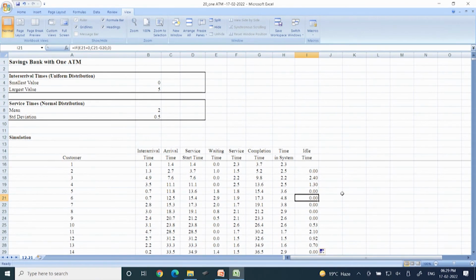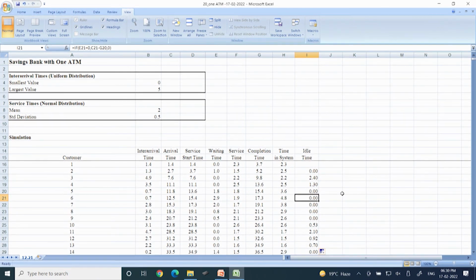Now, I am going to explain the idle time of an ATM. You see what logic I have used for finding the idle time of the ATM. If E21 equals 0, that means the waiting time is 0, the customer directly enters the ATM to get the service. But how much time is the ATM idle?